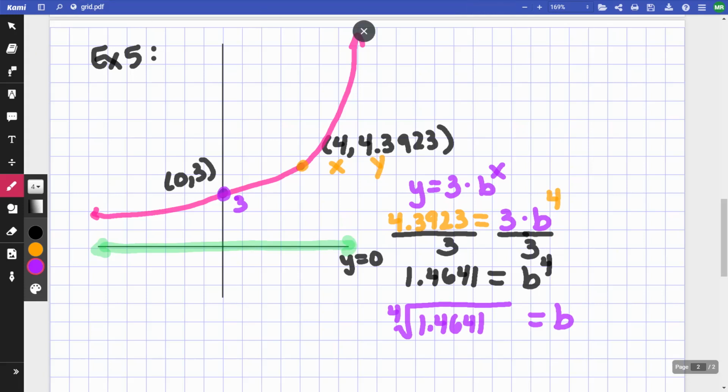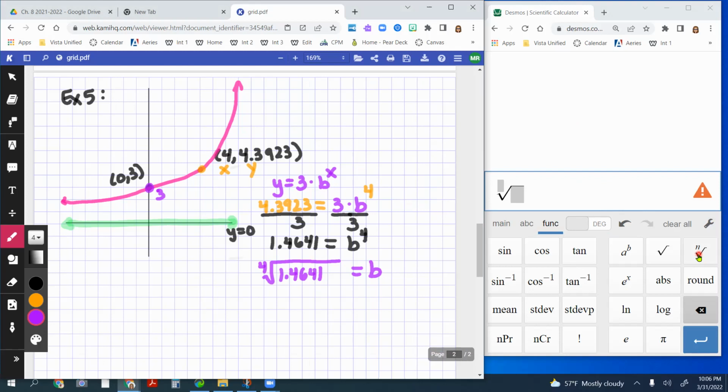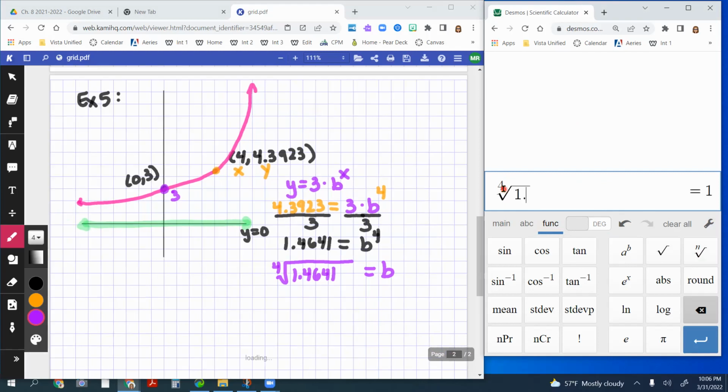Okay, let me get my Desmos up. So right now I have the scientific calculator Desmos, which they have. Right here is our nth root. So we want to take the 4th root, so I'm going to put the 4th root of 1.4641. And I actually got something nice.